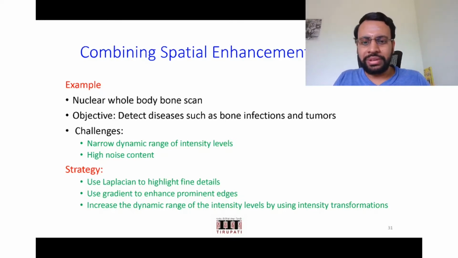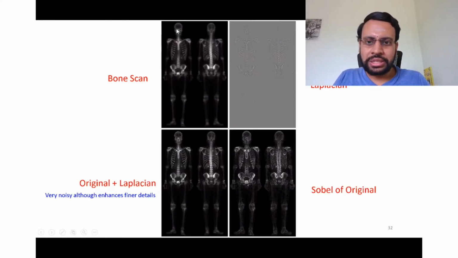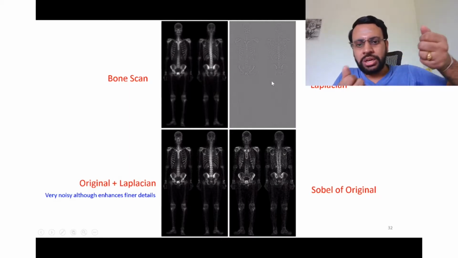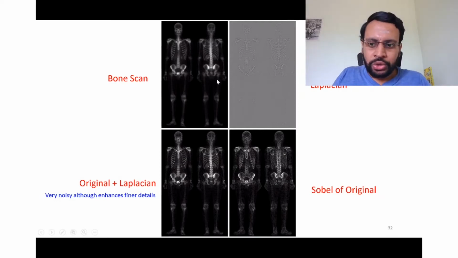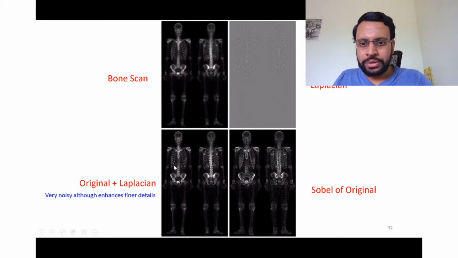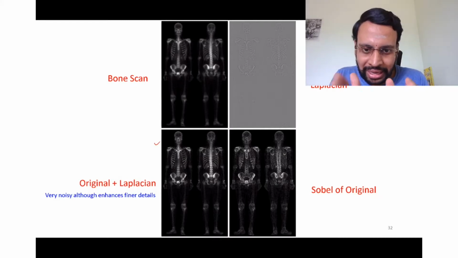So to deal with them, this is the bone scan that you are going to get. Now you compute a Laplacian, and of course after computing the Laplacian you scale it to 0 to 255 as well, and then you add these two images. Then you could clearly see in this image bones are very enhanced.